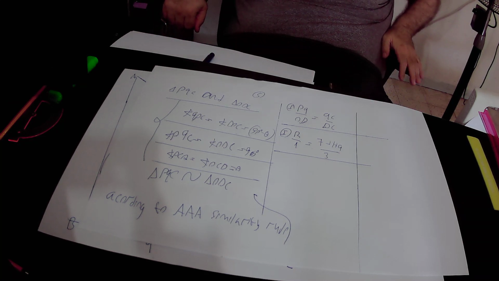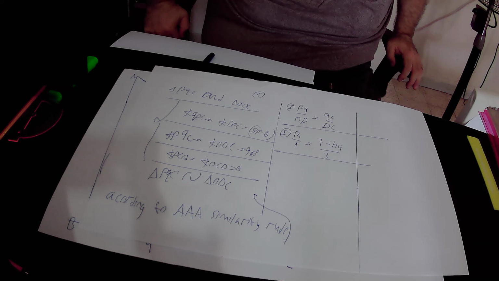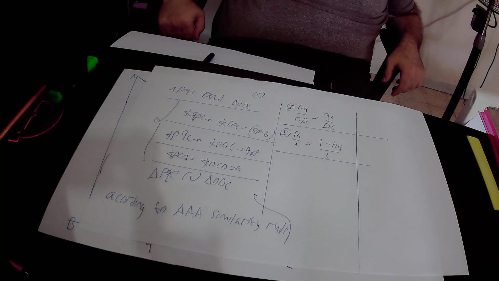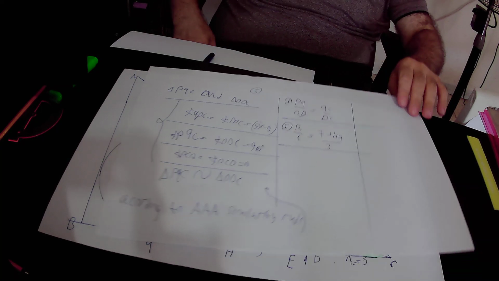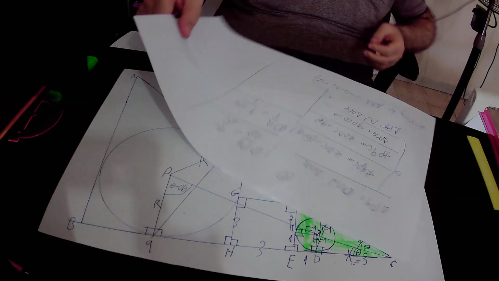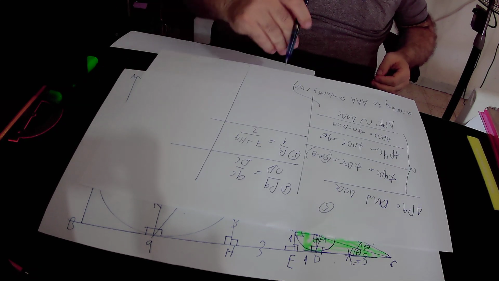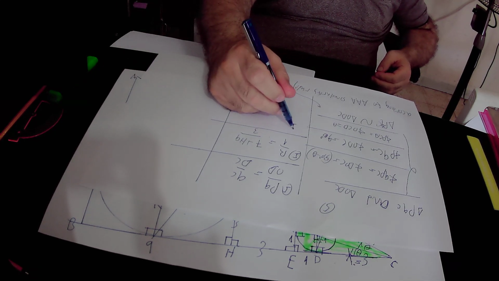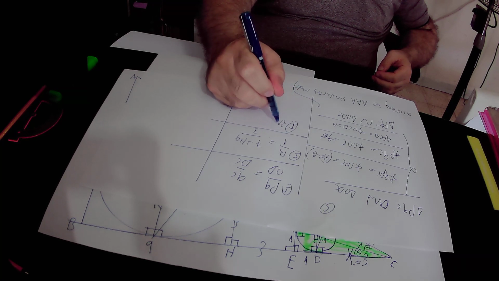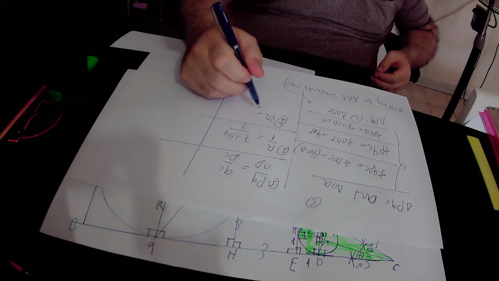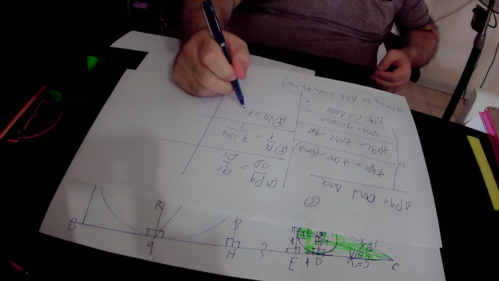Here we multiply equation number 1 by 3, and we get that 3R equals 7 plus HQ.